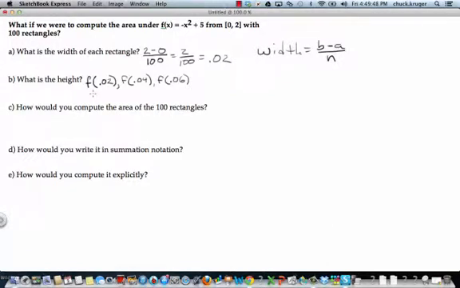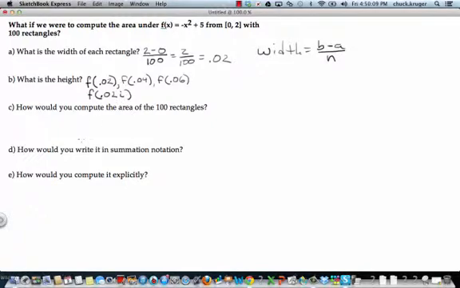The general term of my height is f of 0.02i, and i goes from 1 to 100, so I'll have 100 heights. My last one is going to be 0.02 times 100, which is 2.